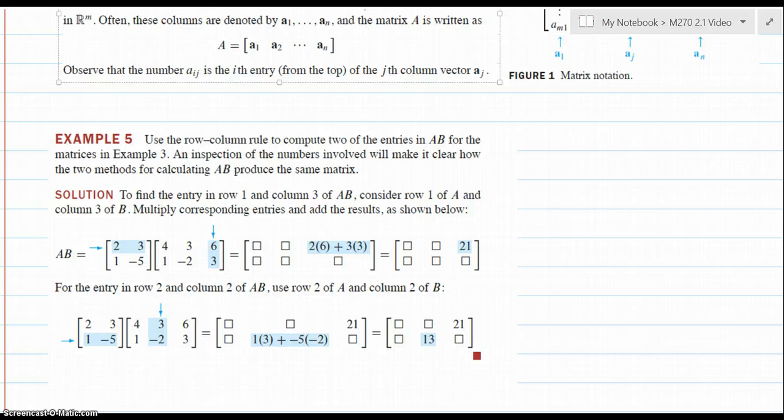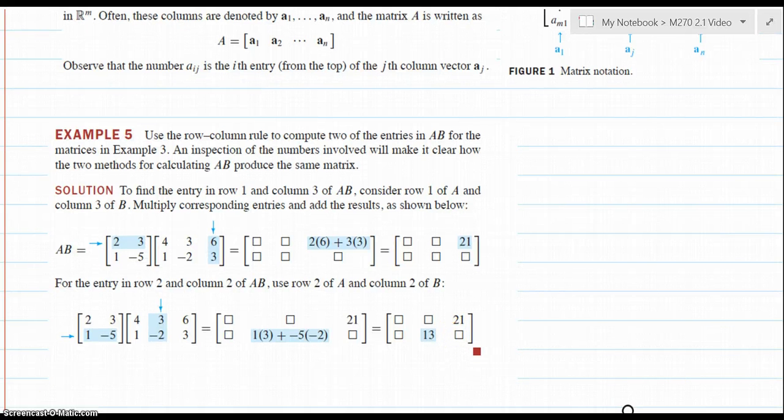So just doing one more example, let's just do that last one. This is the second row, third column. So what am I going to do? I'm going to take my second row and third column.